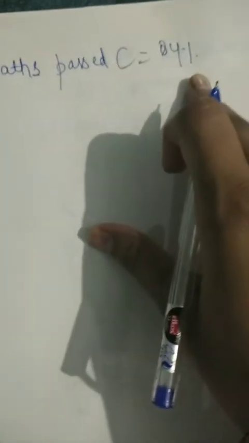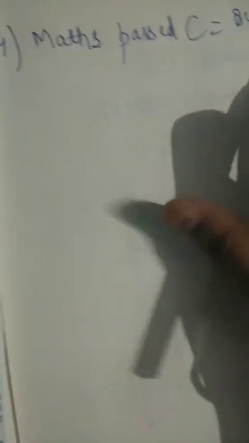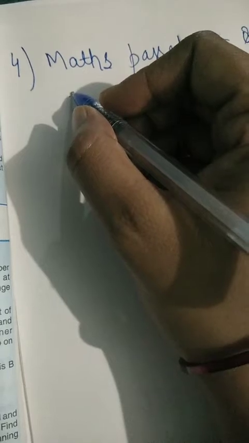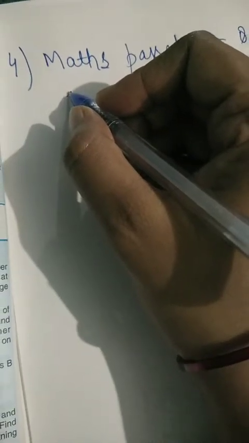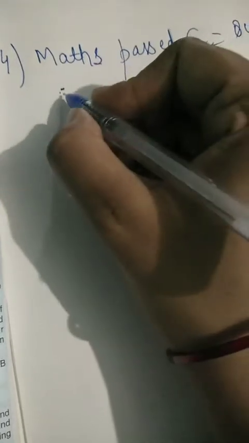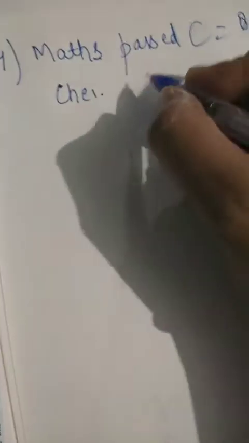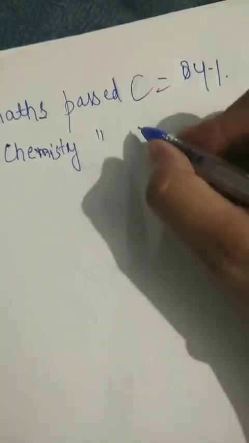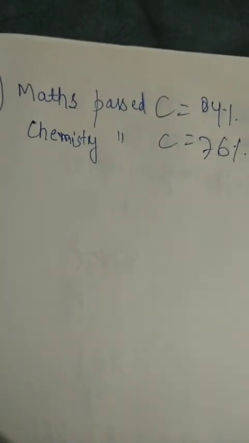This was the percentage given for the students who passed in maths. Now 76% students passed in chemistry. Passed candidate is equal to 76%. Now 8% failed in both the subjects.